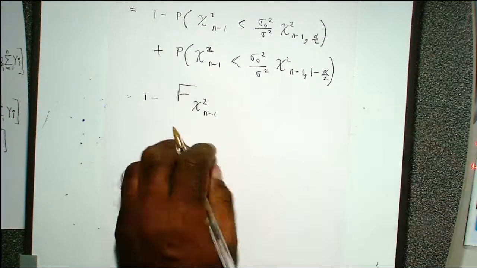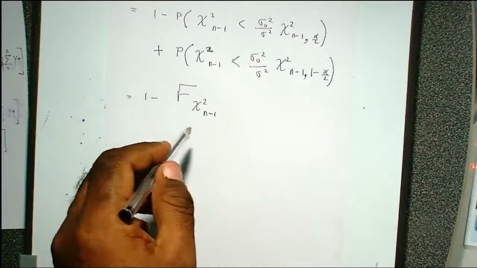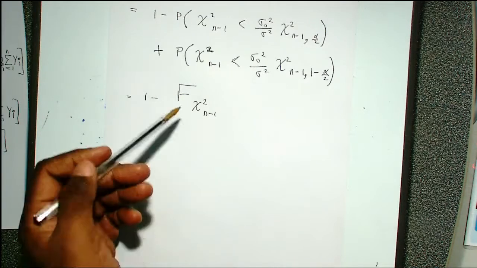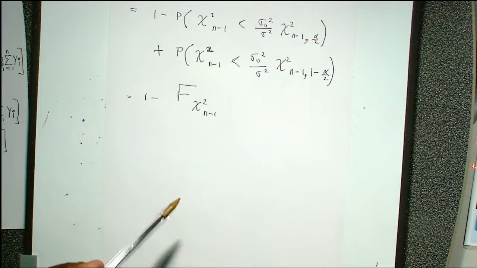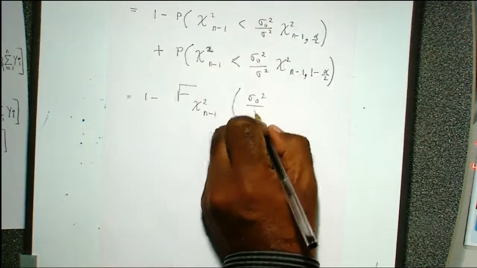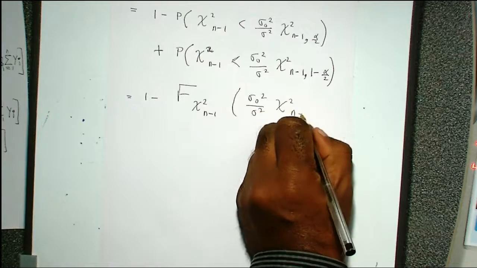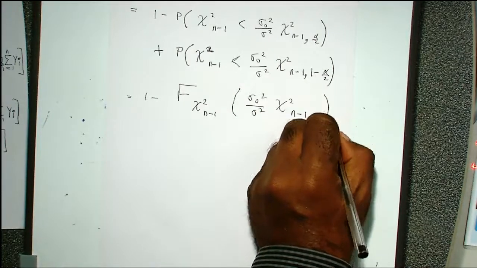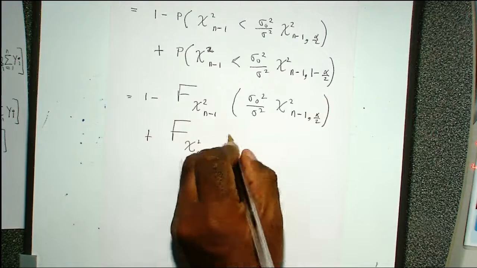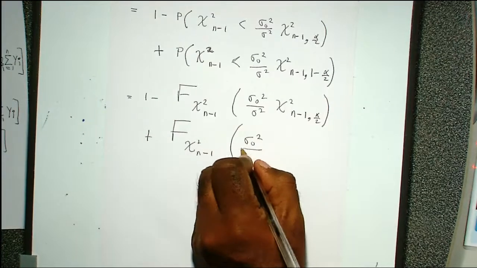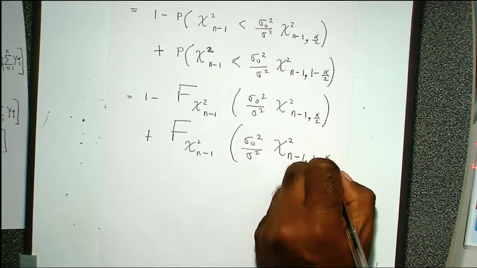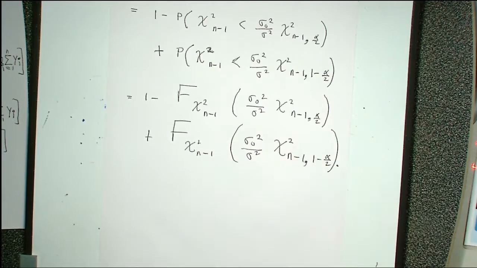This notation here means that this is the CDF. Capital F usually stands for the CDF, as you know. So this means the CDF of the chi-square distribution with n minus 1 degrees of freedom at, all right, so that completes this.